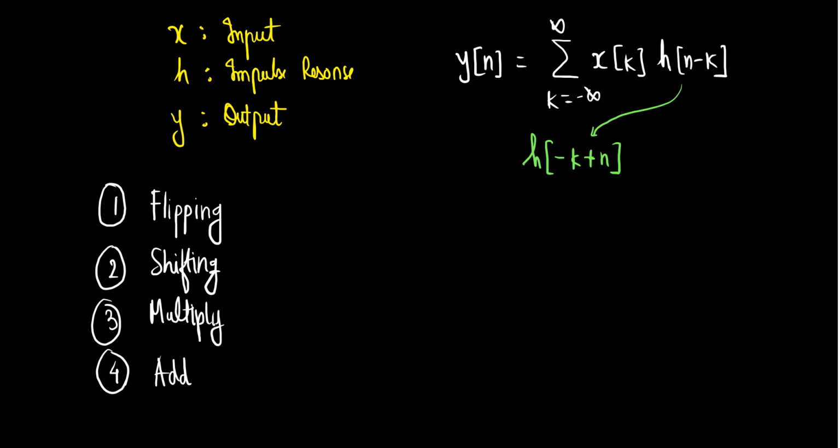So let x be, for example, some signal like this, a kind of triangular signal.